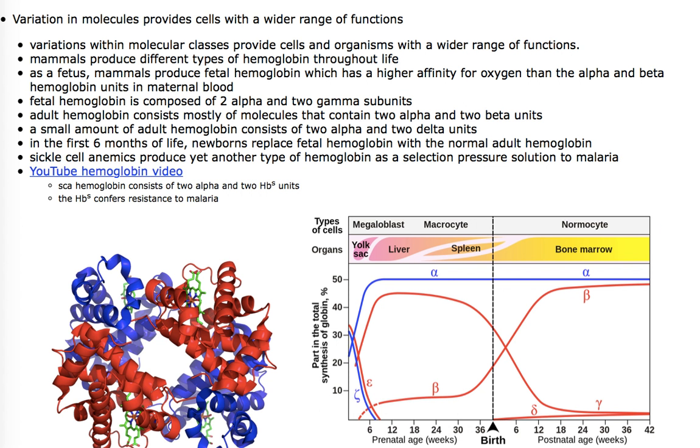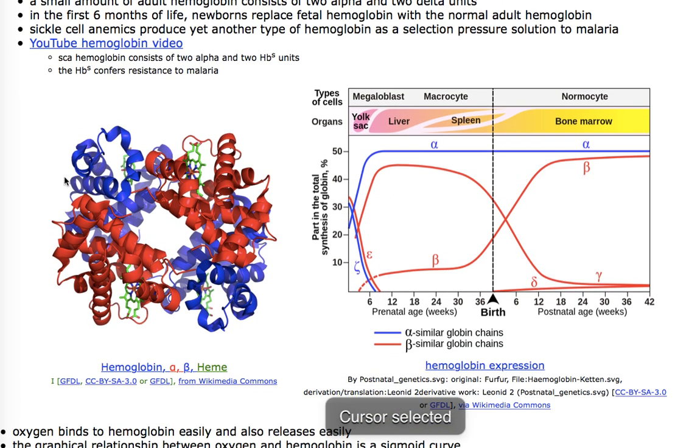What these graphs are talking about here, this is hemoglobin, chains of hemoglobin. Alpha is in red, beta is in blue. The heme is these little green sections here, here, there, and there. Those are the parts that actually carry the oxygen. In a baby, the blue beta units are replaced with gamma units.